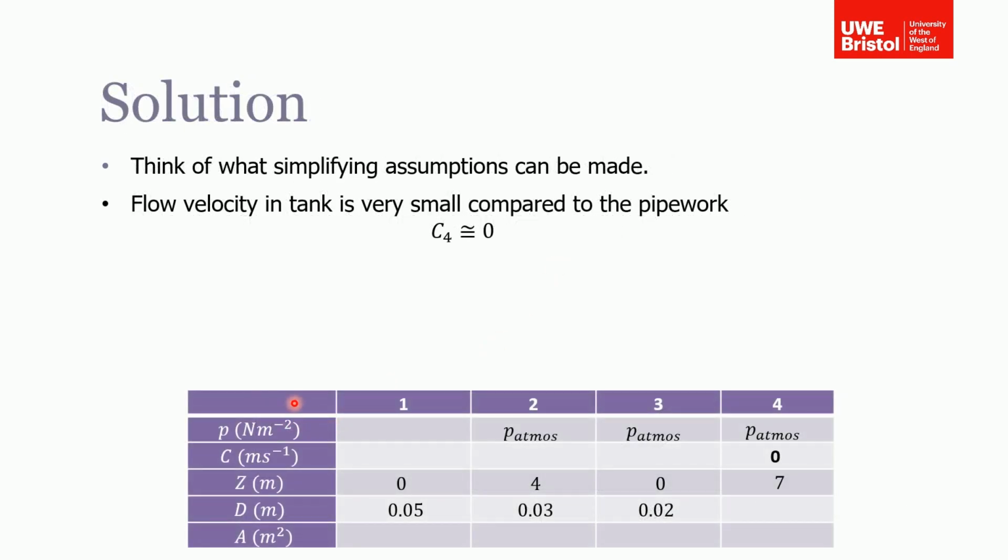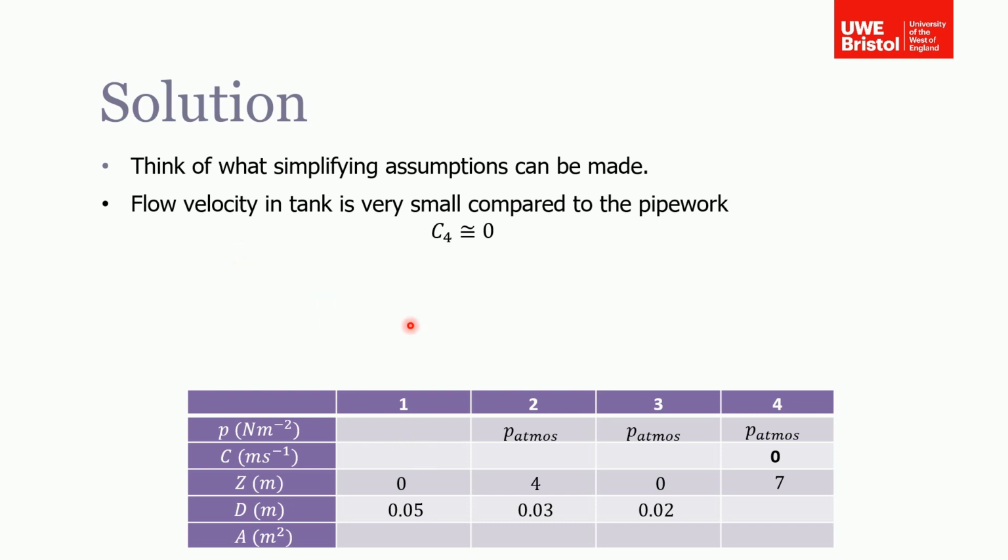Again, the easiest way is to build up a table and see which information is missing and which information we need to unlock to get the next piece of information, to get the answer. So what we're really trying to get is the pressure and volumetric flow rate in pipe 1.